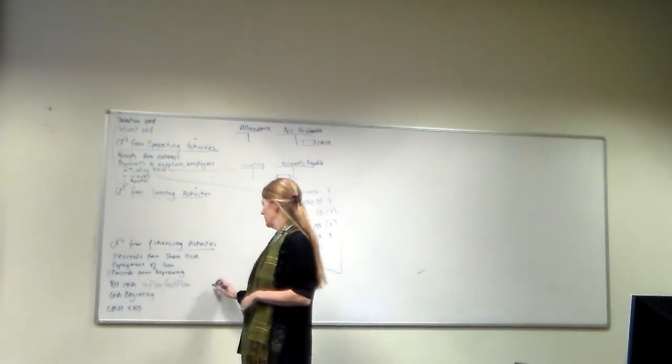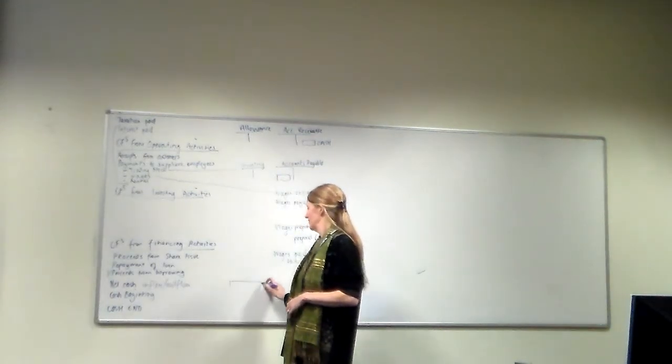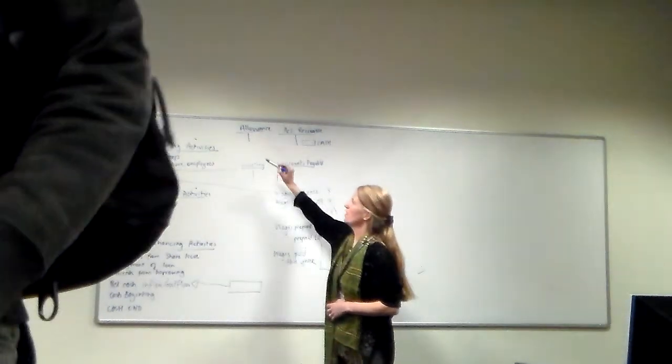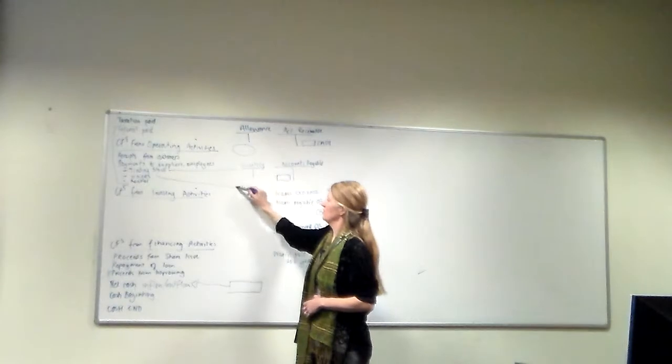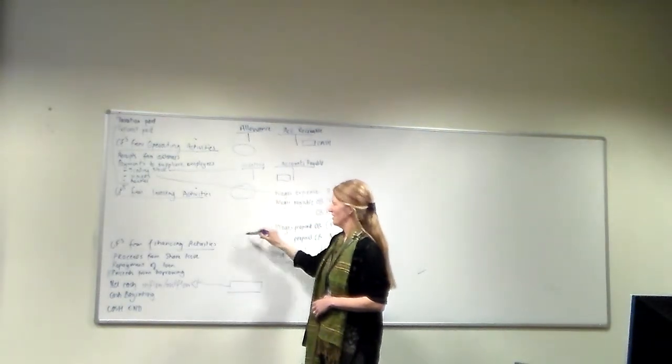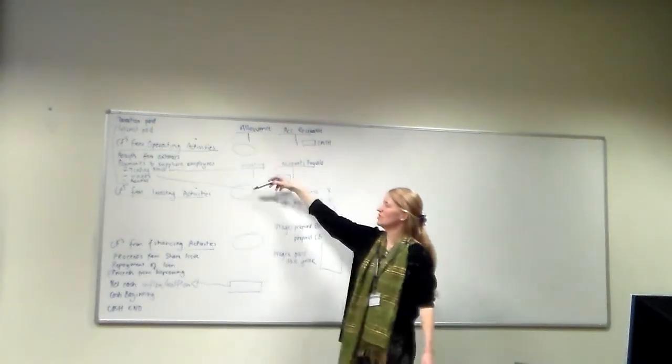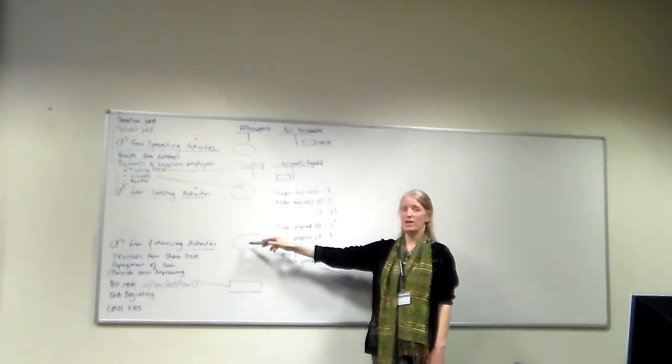Okay. This figure here, how do you calculate this figure? It's going to be that plus that plus that: the total from operating activities, total from investing, total from financing.